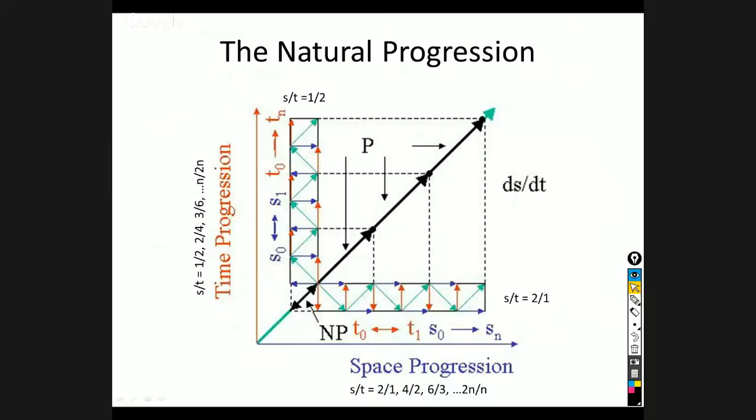Let's choose the 1D unit equal to the square root of 1, and as the unit of both space and time, so that the unit equation of the ST progression along that diagonal would be 1/1, and we'd say that would be equal to C.